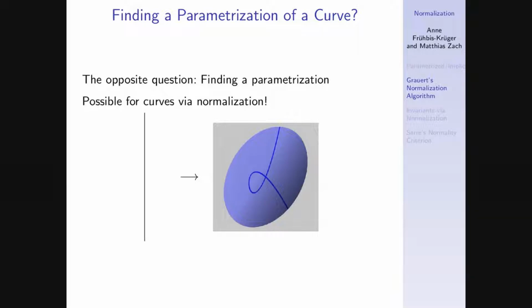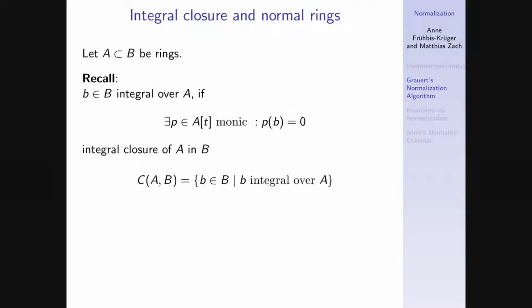But for curves, there's still a way to get a parameterization, and that is by using normalization. I think many of you know that normalization provides a parameterization. But how does it work? Let us just recall the basics, just to be sure everyone knows what we are talking about.